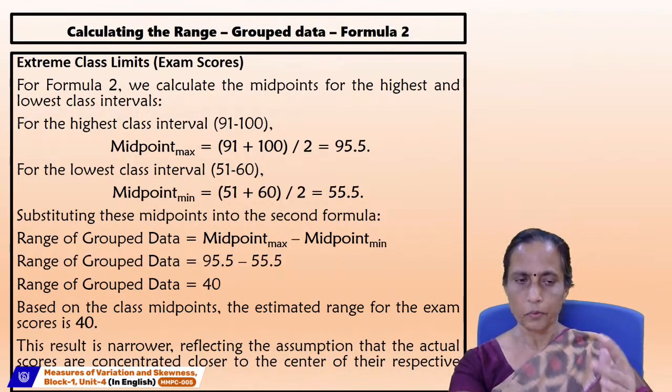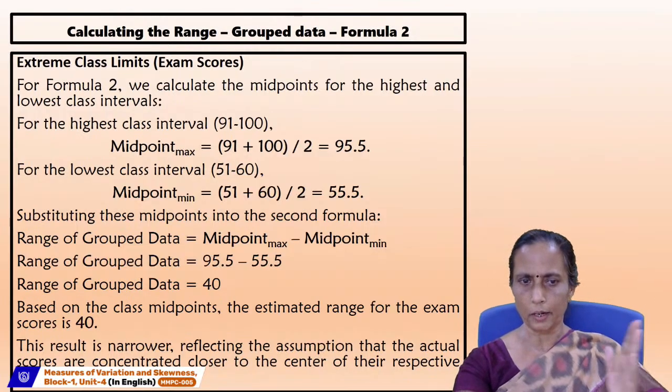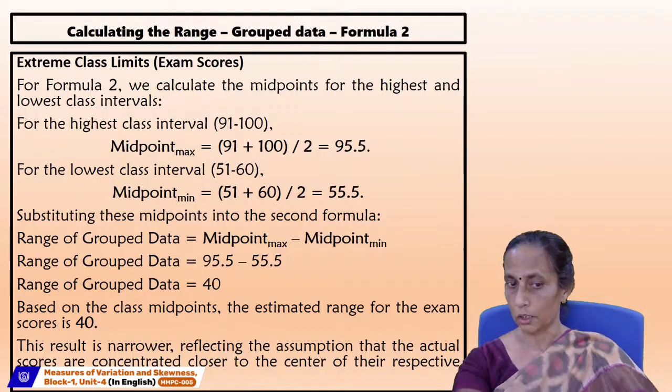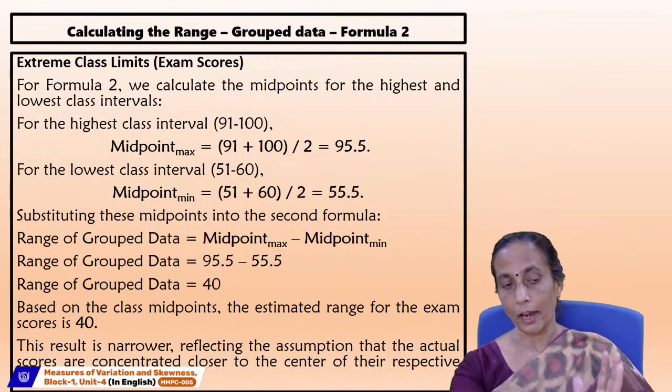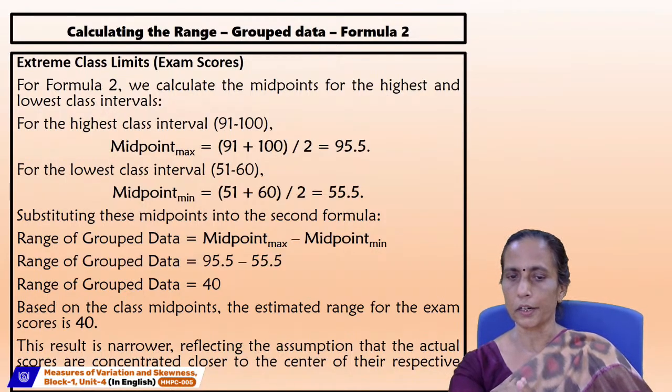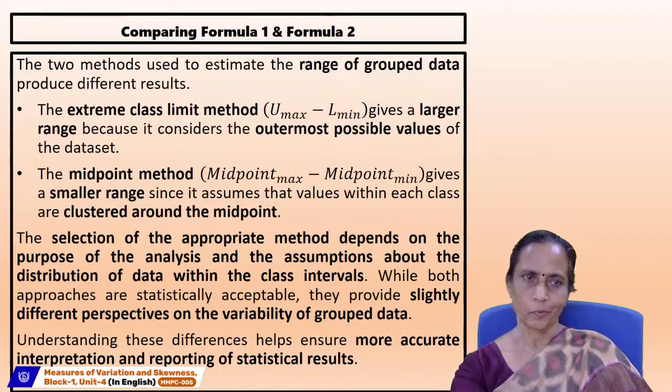The results we obtain from formula 1 and formula 2 are not the same. The result is narrower, reflecting the assumption that the actual scores are concentrated closer to the center of the respective extreme values.